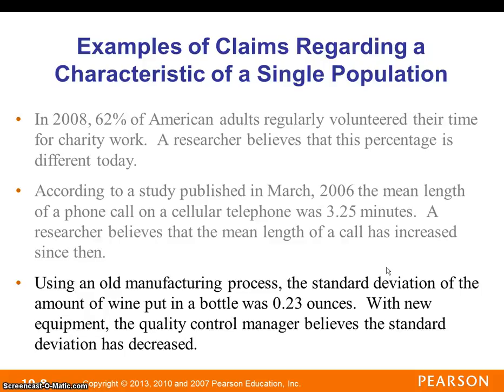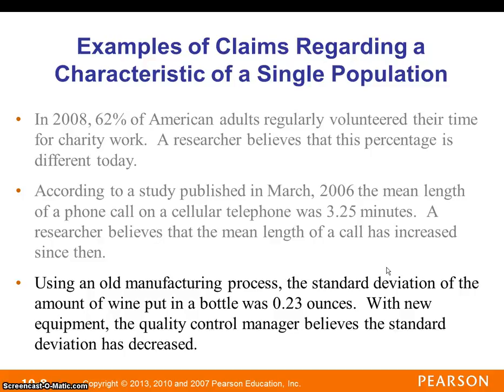Here's another example. Using an old manufacturing process, the standard deviation of the amount of wine put in a bottle is 0.23 ounces. With new equipment, the quality control manager believes that the standard deviation has decreased. So in other words, what that means is, if you put wine in the bottle, the deviation in the volume of the wine would be 0.23 ounces.